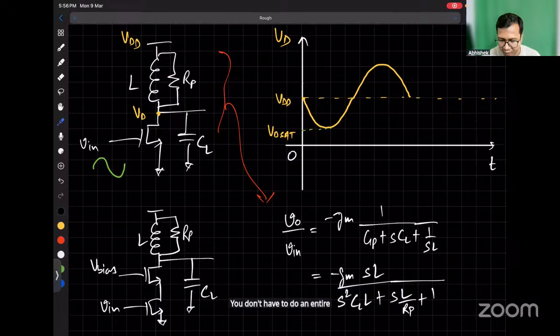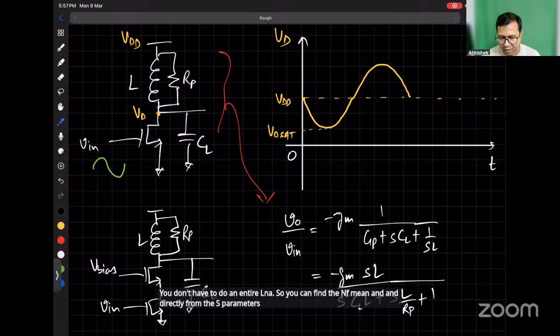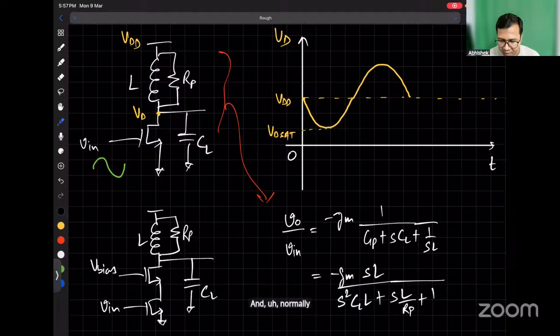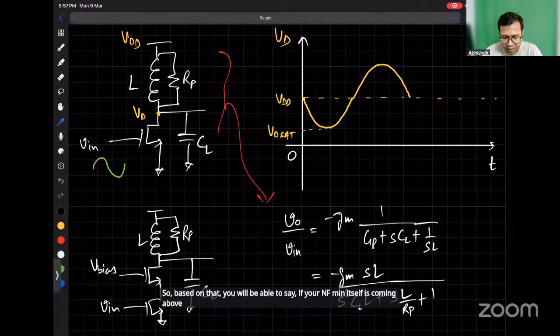You can find the NF-min directly from the S parameters, and you can control its gate overdrive. Normally you will be using the minimum channel length to get the NF-min. Based on that, you will be able to say that if your NF-min itself is coming above 2 dB, then definitely when you use your actual devices or actual biasing, it will add more noise.